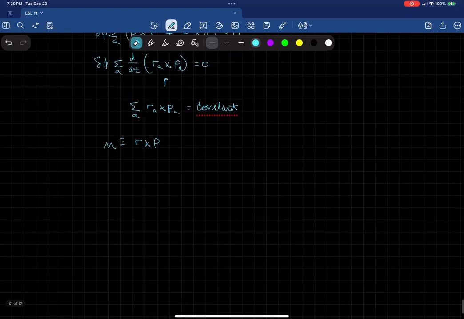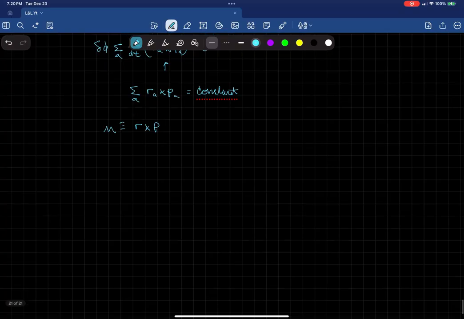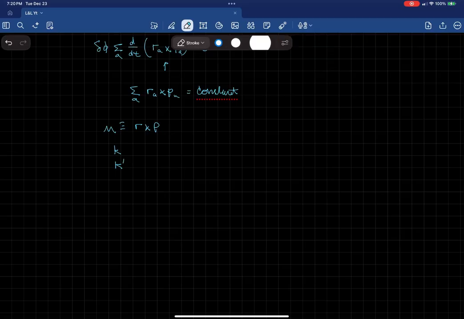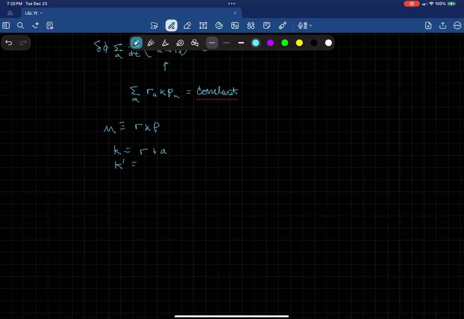Now, we can also do this with multiple frames. So, if I have frames K and K prime, where in frame K, our radius vector is r plus some change, I'm going to call that a, and in K prime, I would have just r.